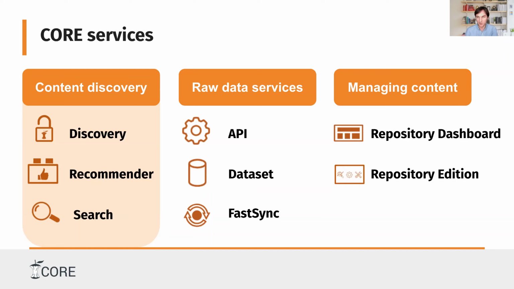They are not interested in searching CORE as a human user. They are interested in using the data of CORE for their additional purposes. And by doing so, they can save a lot of time. They don't need to aggregate data from 10,000 providers and harmonize this. They can immediately start using the CORE API, and that cuts down on the effort they would normally need to put in place.